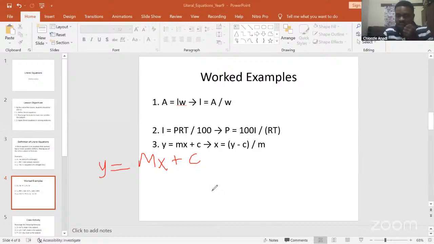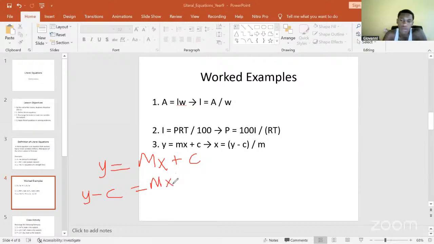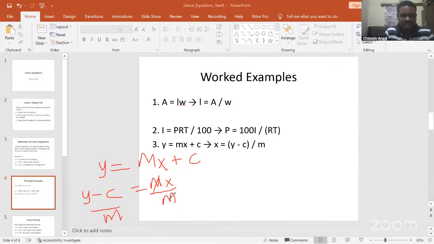The first thing that comes to your mind is to transpose, meaning we subtract c from both sides. So we'll have y minus c is equal to mx. Are you seeing this? Now we're left with dividing both sides by m, so m cancels out m.